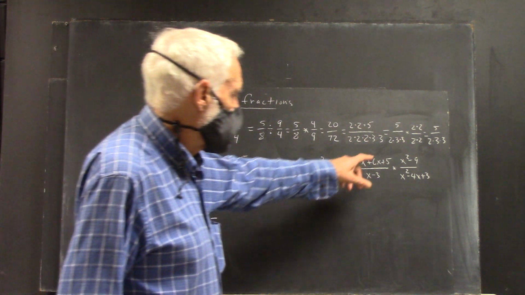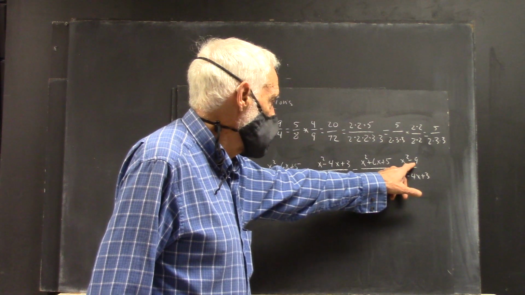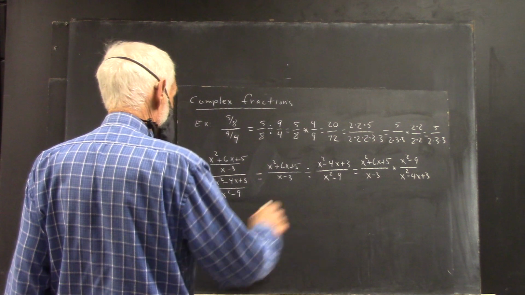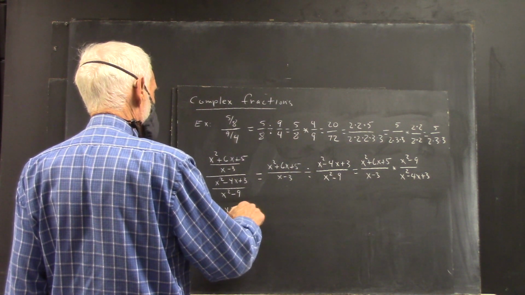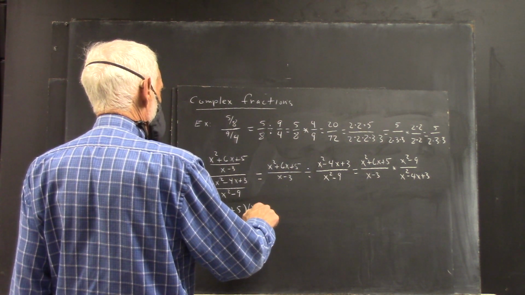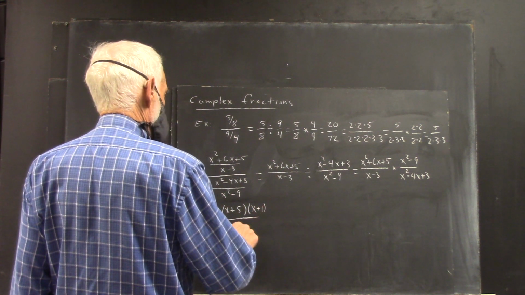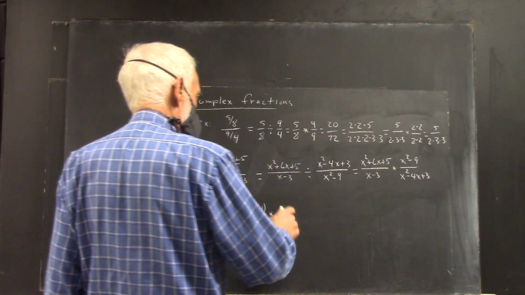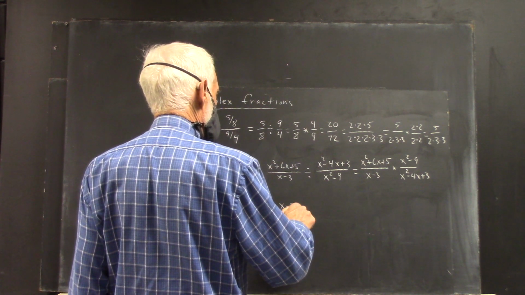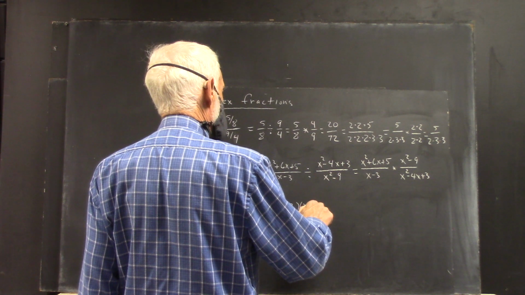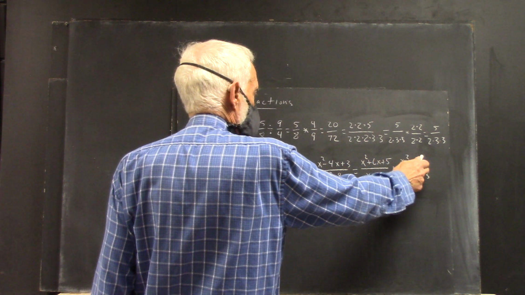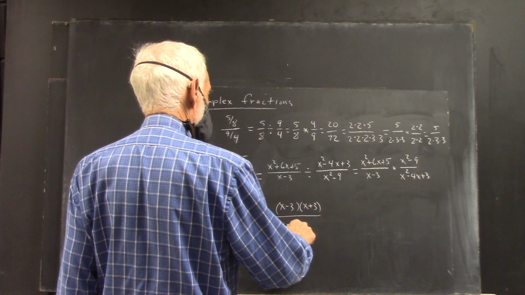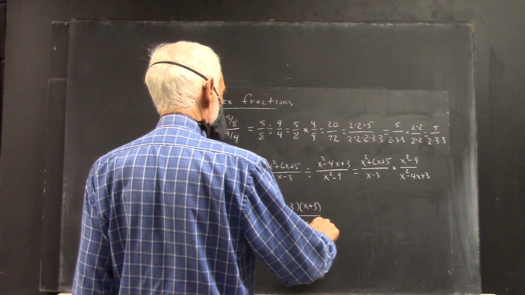And now I factor this and this and this. This is already factored. So the x squared plus 6x plus 5 is just x plus 5 times x plus 1. That's over the x minus 3. And then I have x minus 3 times x plus 3. That's how we factor the x squared minus 9, divided by x minus 3 times x minus 1.